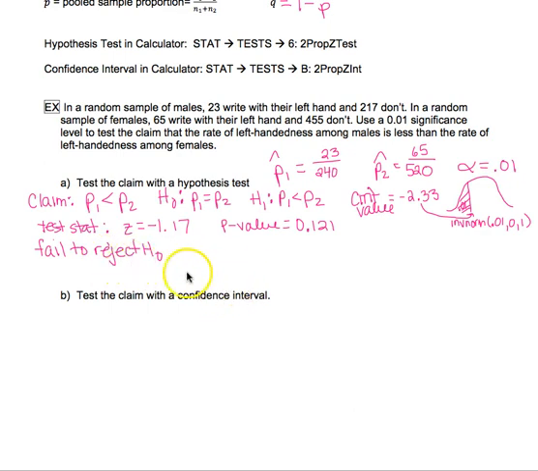So since I am failing to reject the null hypothesis, we still continue with that tedious wording. My claim did not include equality, which means I'm going to use the word support. Because I failed to reject, that means that I'm going to say there is not sufficient evidence.